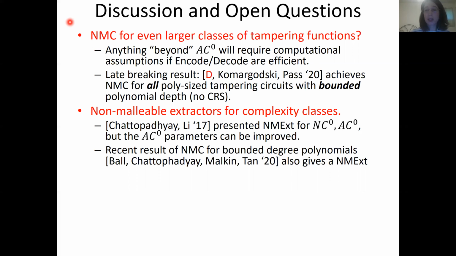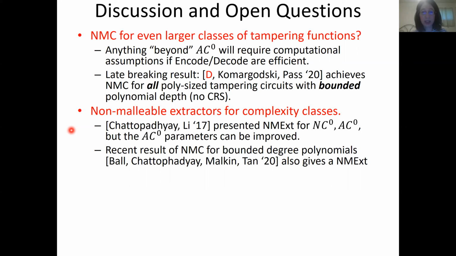For example, for AC0, the result of Chattopadhyay and Li achieved their non-malleable codes for AC0 going through a non-malleable extractor, but the parameters are not optimal. And for some of the other complexity classes, we also do not know of non-malleable extractors for these classes.